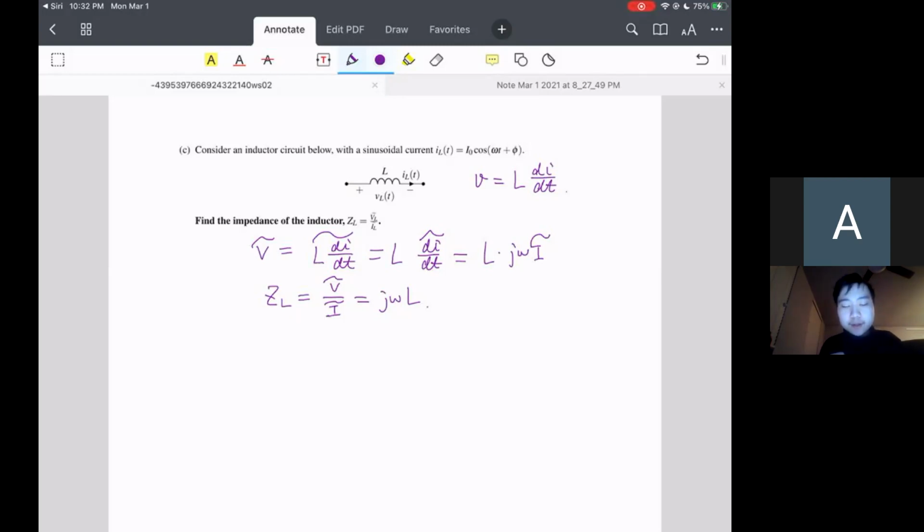All right, so what's the point of having these impedances? How would you have an impedance that is a complex number? Let's get to the point.